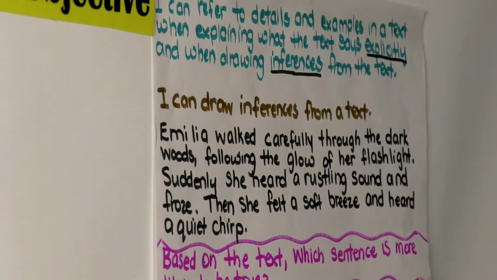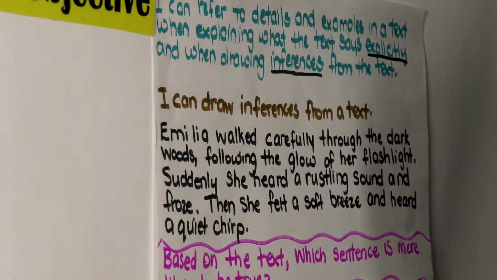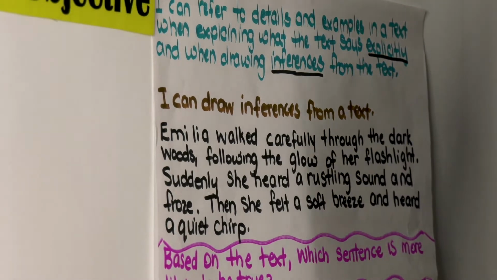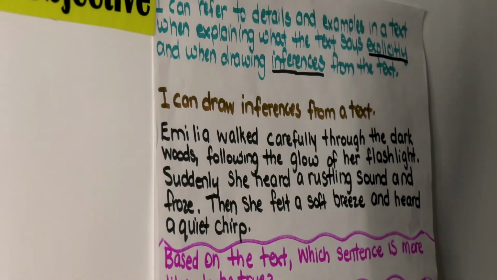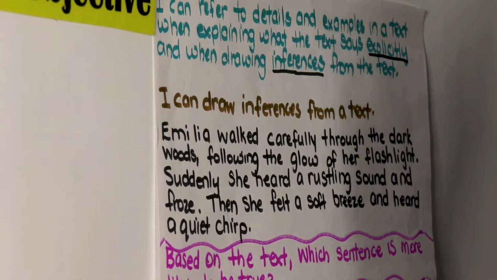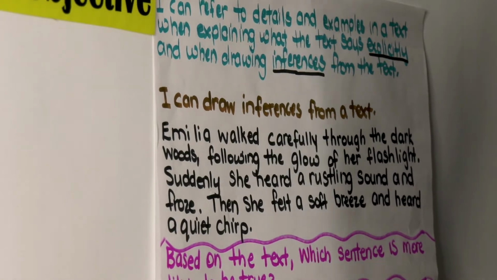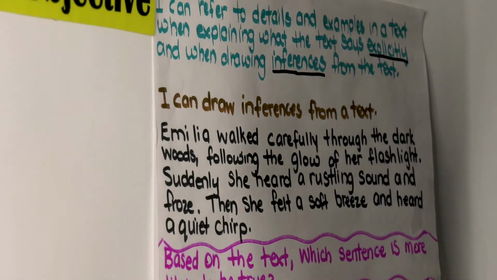So I can draw inferences from a text. I don't know if you remember, boys and girls, but during our first week of lessons, we talked a lot about what an inference is and being able to draw an inference from the text that you're reading. A lot of times when authors write books, stories, they don't give you all the details.